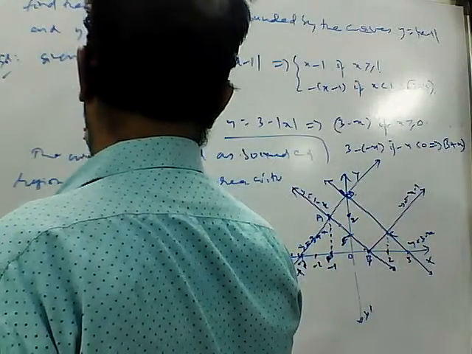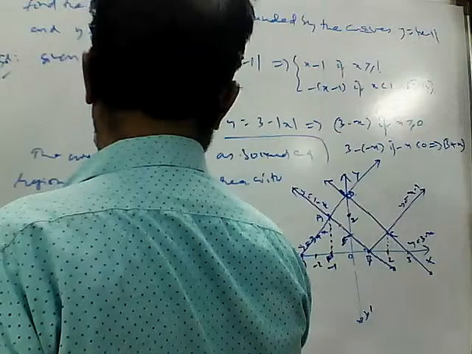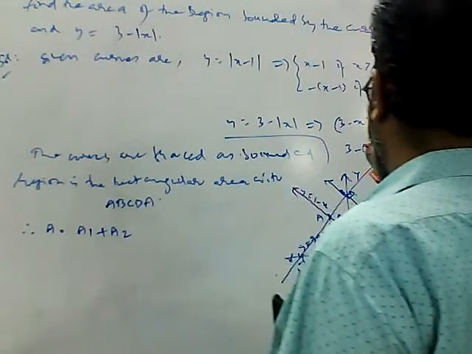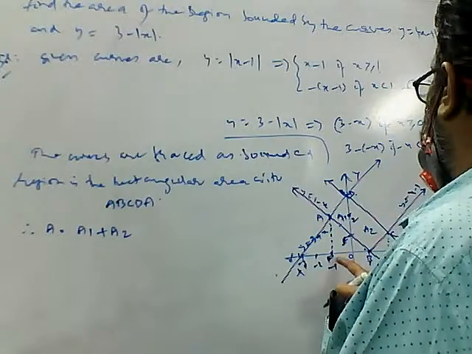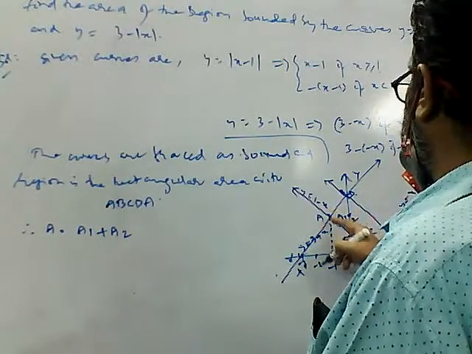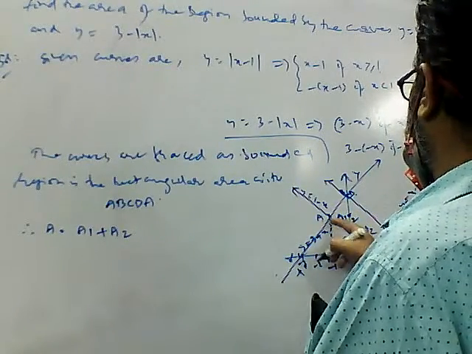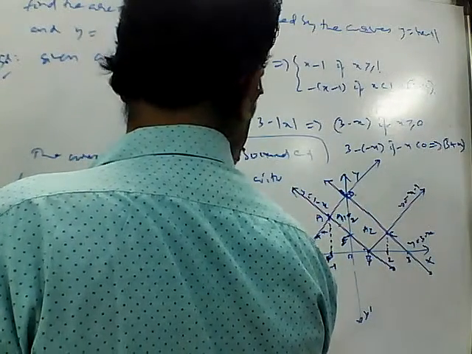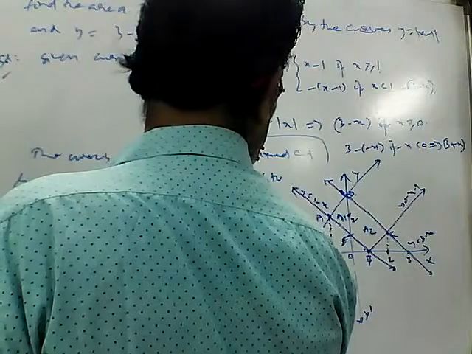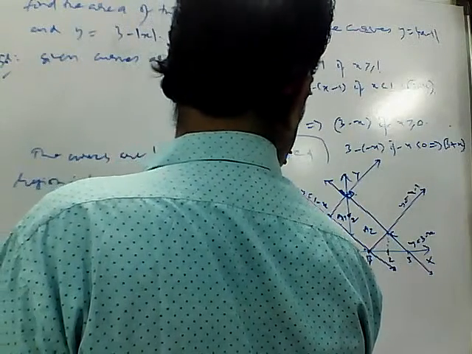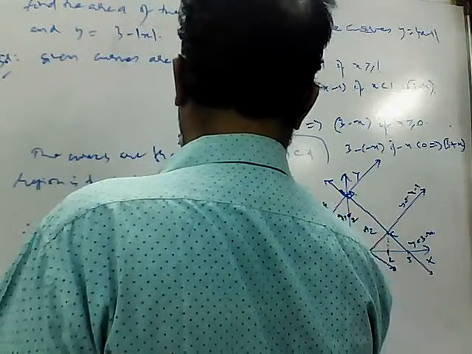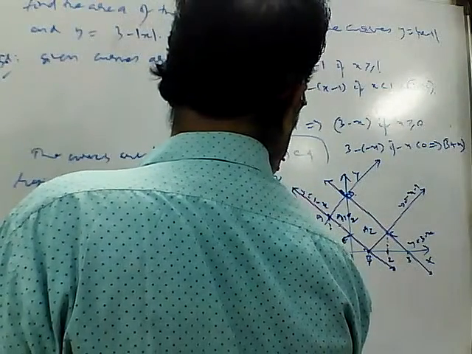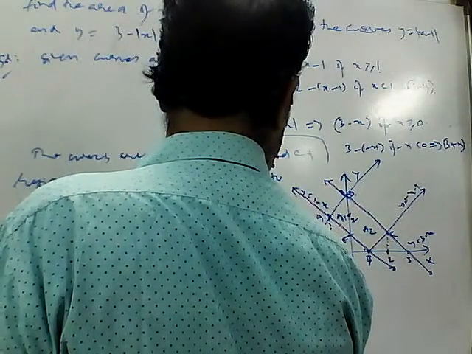Therefore, A is equal to A1 plus A2. This is A1, this is A2. So A1 is equal to the area of AFODA minus the area of AFOEA.